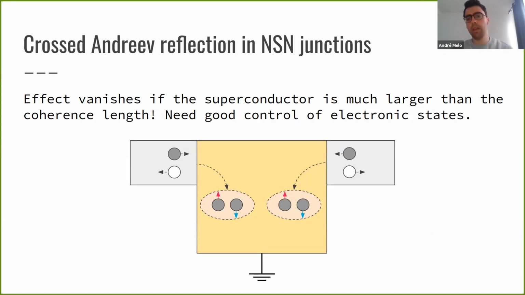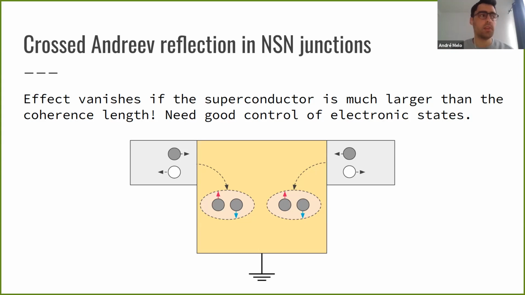So if I make the superconductor very wide, much wider than this coherence length, the wave functions decay way before they can reach the other contact, and you kill this coupling between the contacts, and this cross-Andreev reflection process is suppressed.